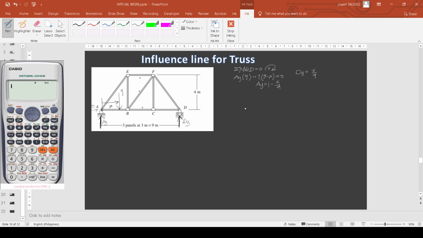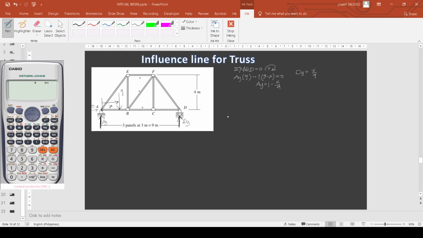Take note, we are getting the member force of the unit load. So we need to determine the equation of that member force as the unit load is moving from A to D.